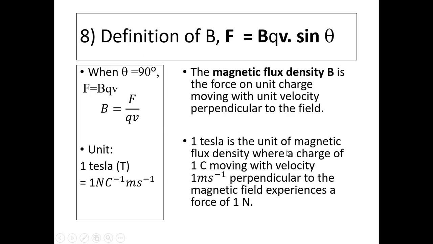So we define our magnetic flux density B as the force on a unit charge moving with a unit velocity perpendicular to the field. That means B equals F if Q is 1, V is 1. Same definition for Tesla. Unit of magnetic flux density when the charge is 1 Coulomb, velocity is 1 meter per second, and the V and the B must be perpendicular to each other. Then the force is 1 Newton. That's the alternative unit for Tesla.